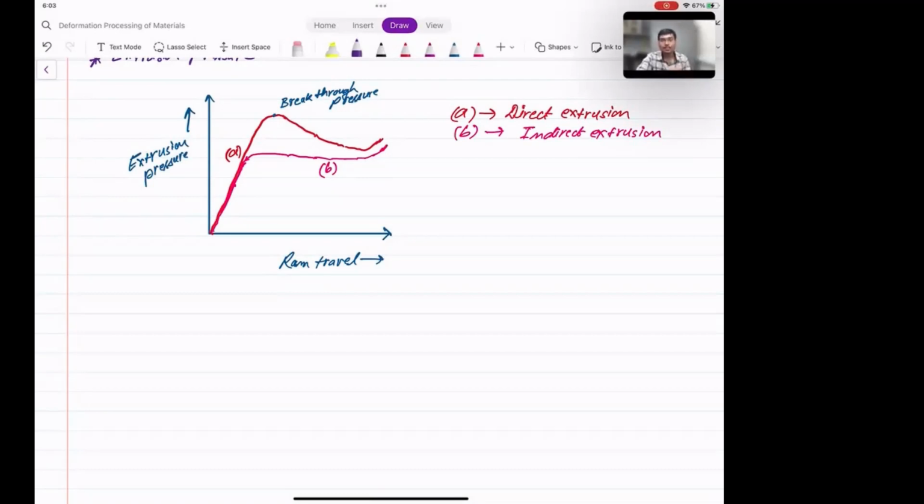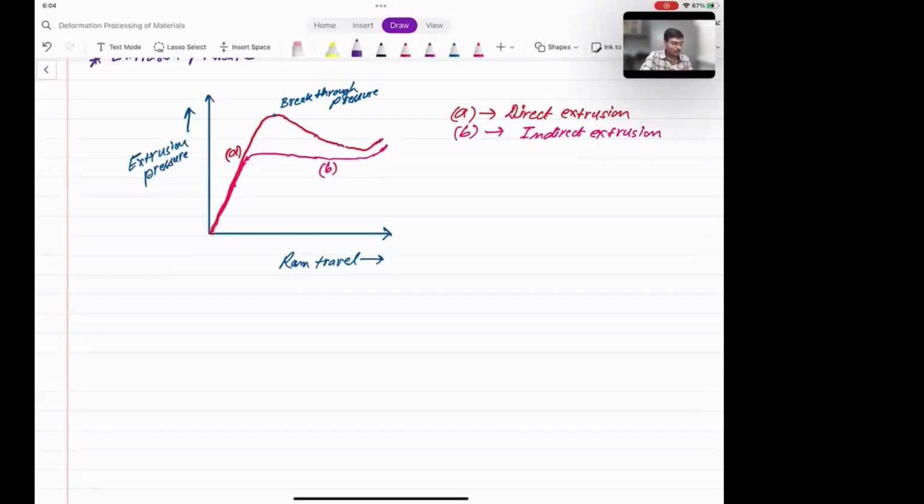We have discussed it earlier also that there is almost no friction between the billet and container wall in the indirect extrusion process. So that's why the flow stress will remain almost constant and material will flow continuously under that constant stress. So that's why this particular section of the curve remains constant.